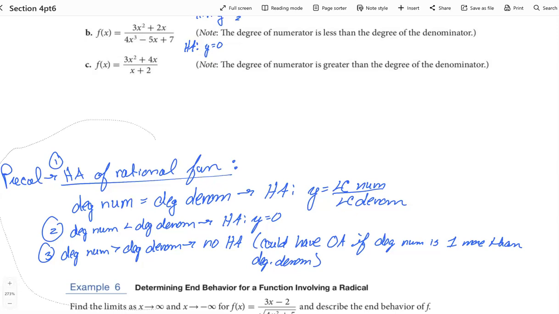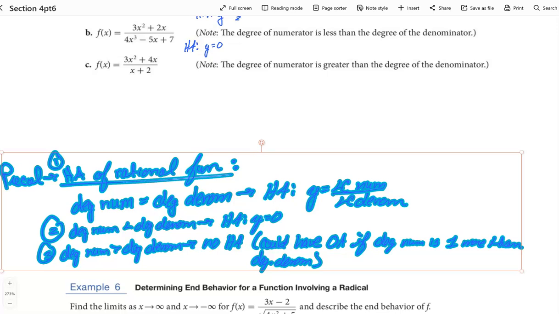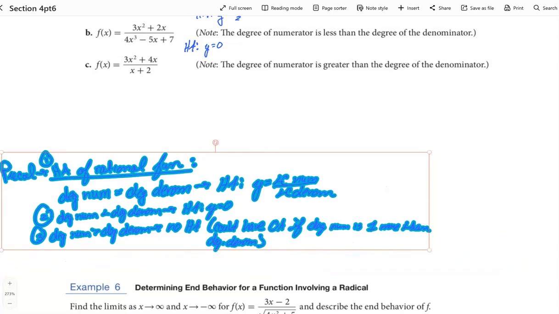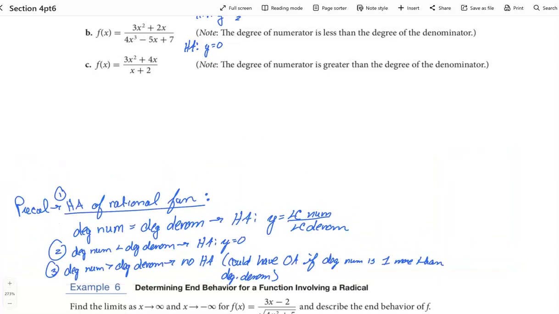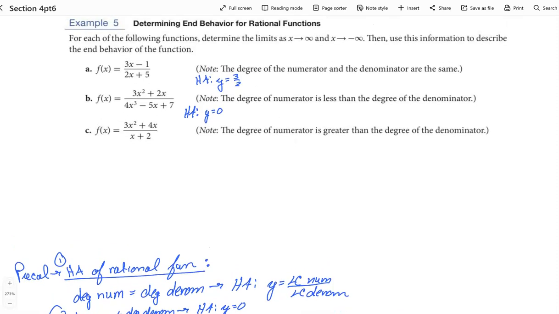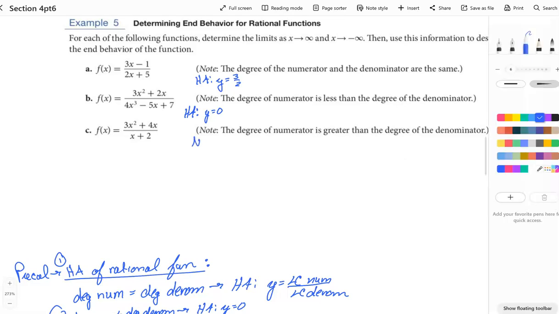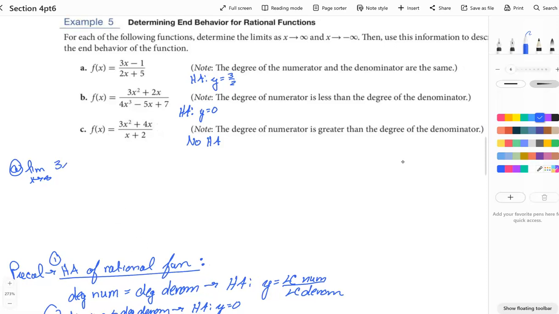Now let's look at the calculus reason why that works. That's what we're going to talk about in this problem. So I'm going to go back to A. I would take the limit as x approaches infinity of 3x minus 1 over 2x plus 5.